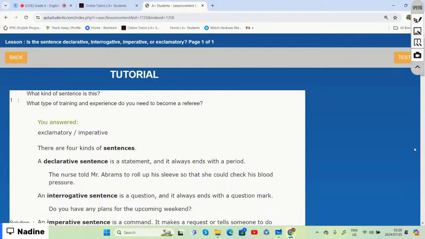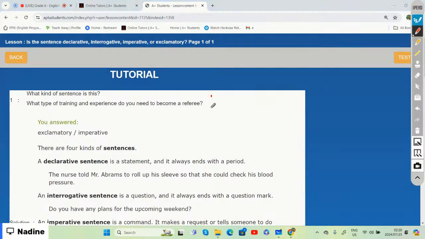That is an interrogative sentence. The reason why that is an interrogative sentence is because it is a question. They are asking a question, and that sentence always ends with a question mark.